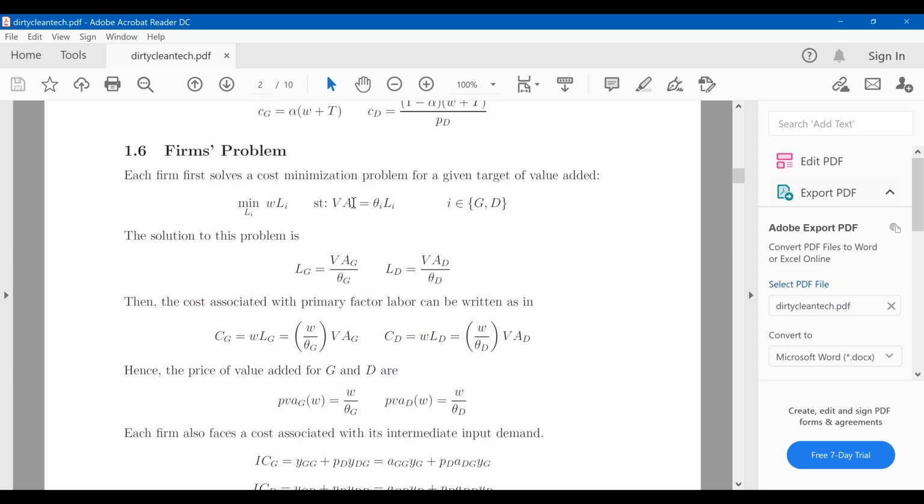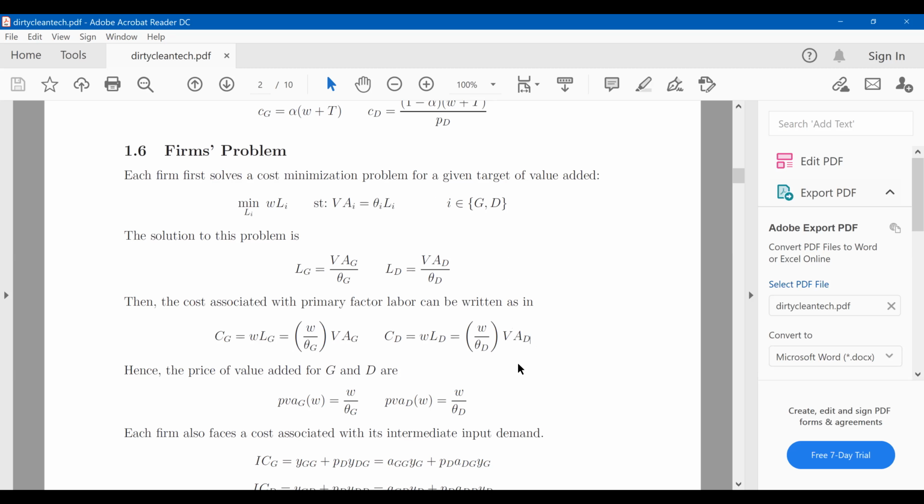Okay, and since this production function here is constant returns to scale, this is linear, so it satisfies this particular assumption. Then we see that the price of value added is separable. So the cost is separable into price of value added and the value added, right?